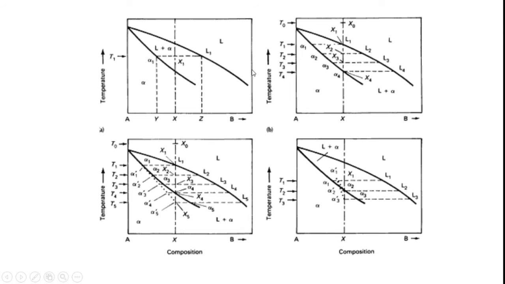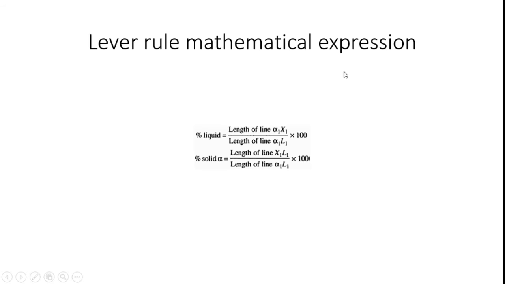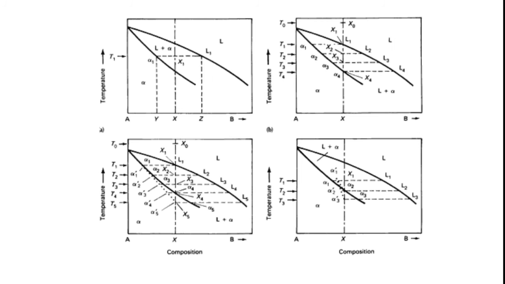Here you see the line alpha 1 x1, the intermittent line x1 available. We can separate alpha 1 to x1, alpha 2 to x2, alpha 3 to x3, and then alpha 4 to x4 with the intermittent line. From this we can identify the length of line alpha 1 x1. Now you can understand the length of line alpha 1 L1, alpha 2 x2, alpha 3 x3, alpha 4 and x4.